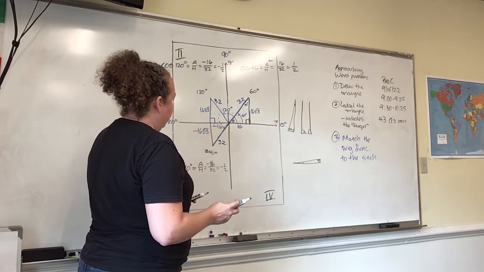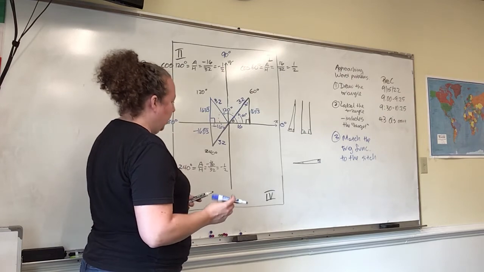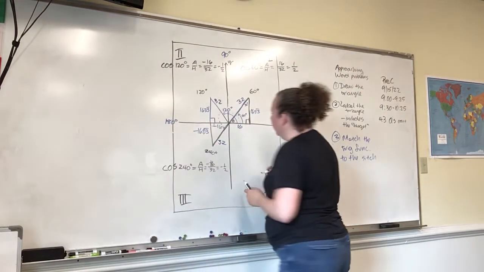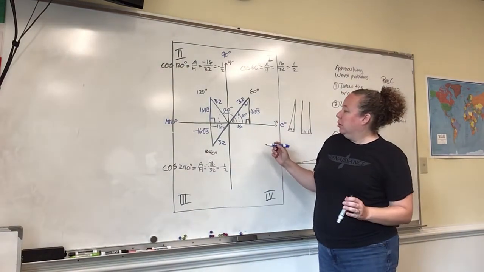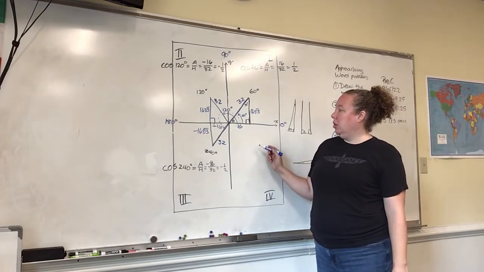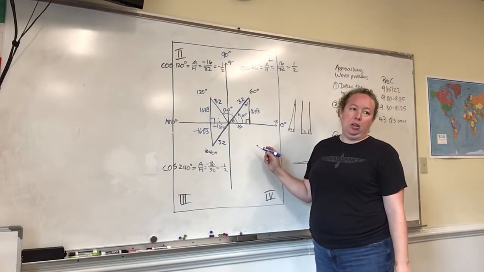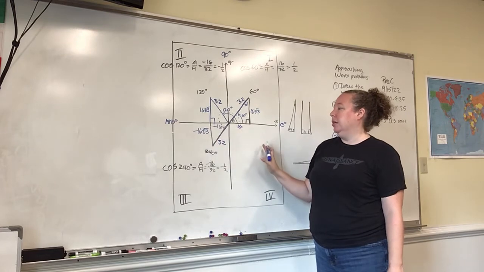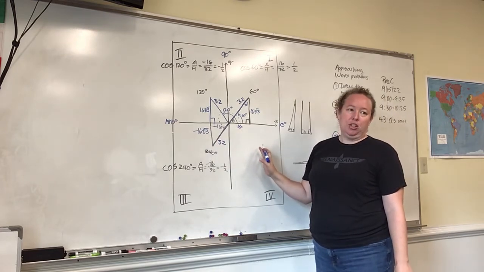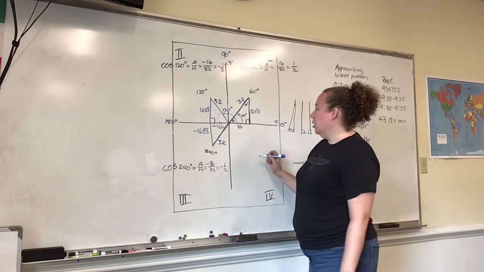All right. So Alex, to complete our little bow tie here, what angle are we going to stop at in order to create the last reflection of this triangle in the fourth quadrant? It'd just be 360.